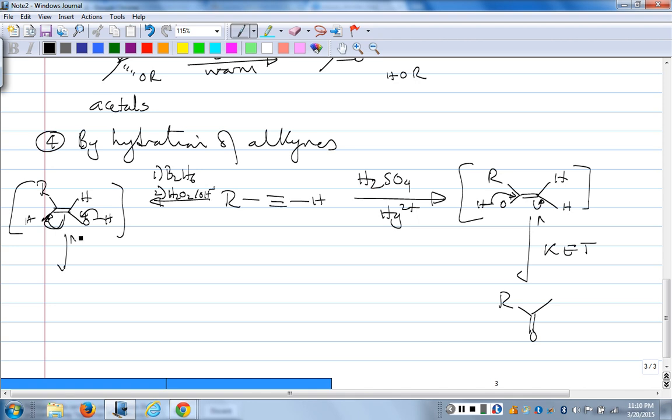This arrow is bothering me here. It will tautomerize to give rise to the corresponding carbonyl compound, which this time is the aldehyde. So I can prepare either the aldehyde or the ketone at will from the corresponding alkyne.